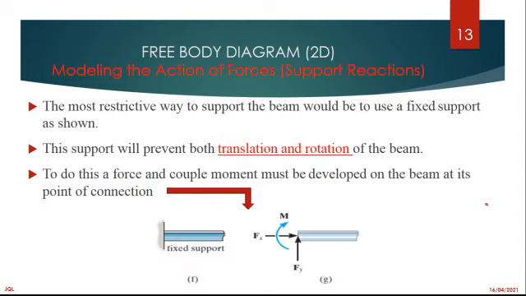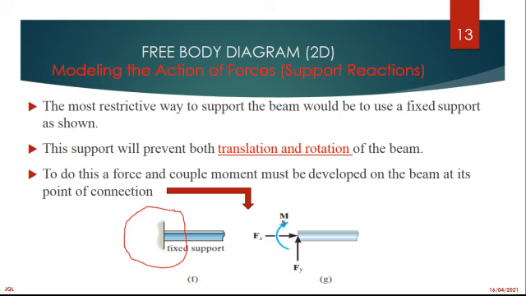The most restrictive way to support the beam would be to use a fixed support as shown. This fixed support is preventing rotation and translation in the X and in the Y direction.